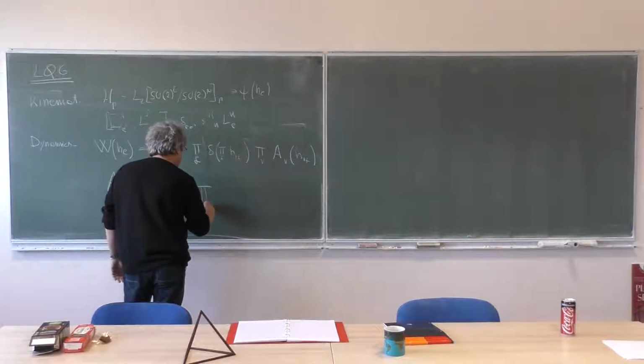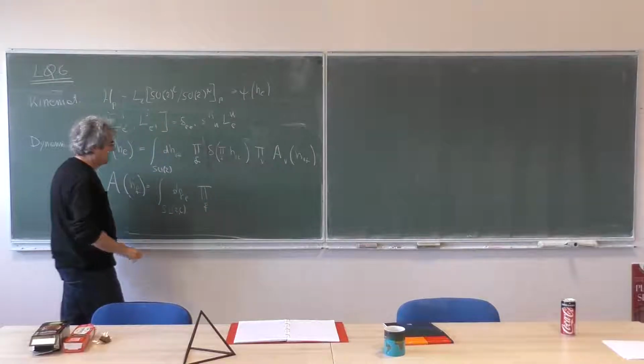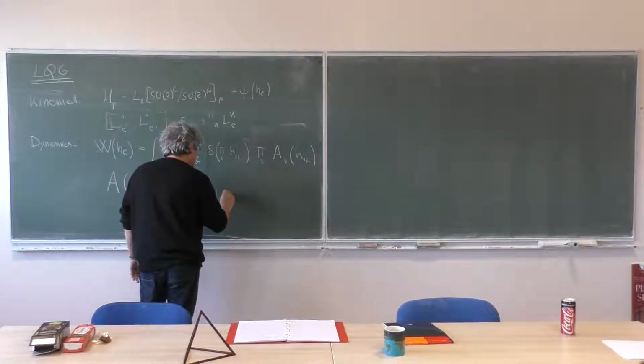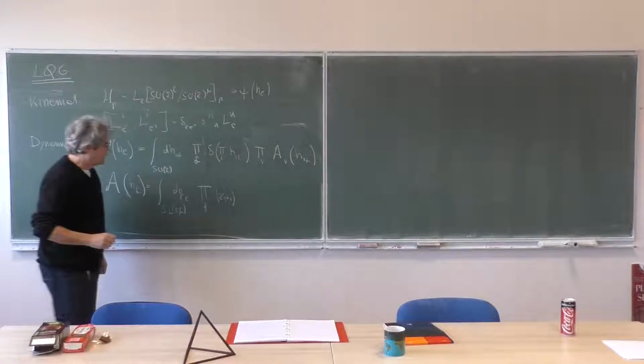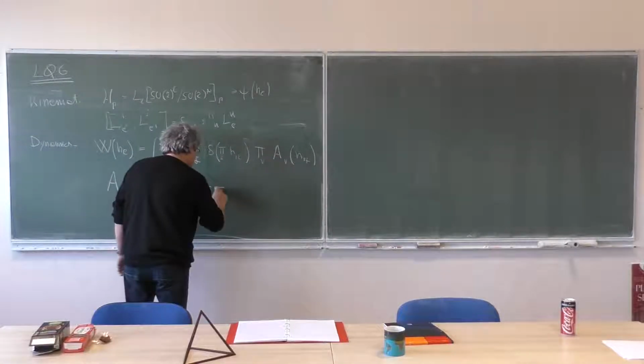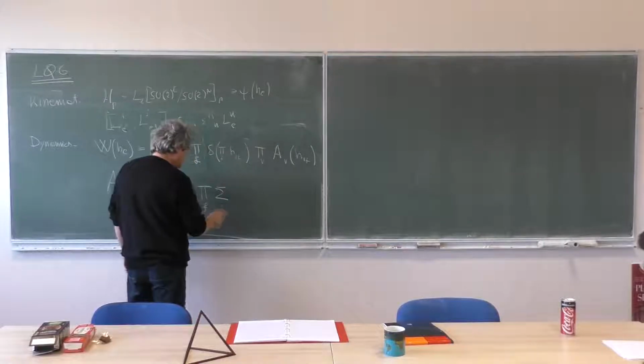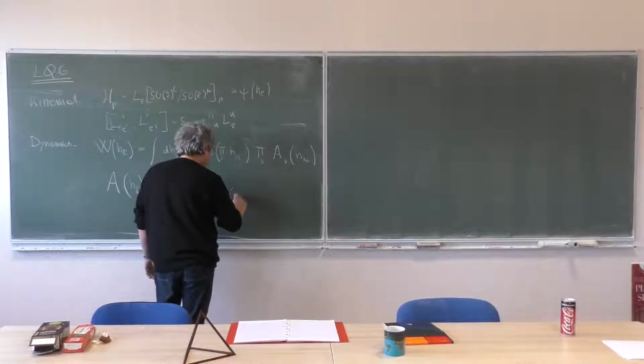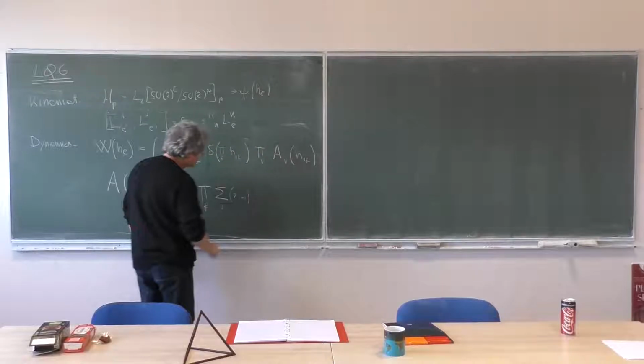So the product on the faces that come out of the vertex of 2j plus 1. Sorry, of a sum. It's not j yet. A sum over j spins from 0 to infinity, half integers, 2j plus 1.